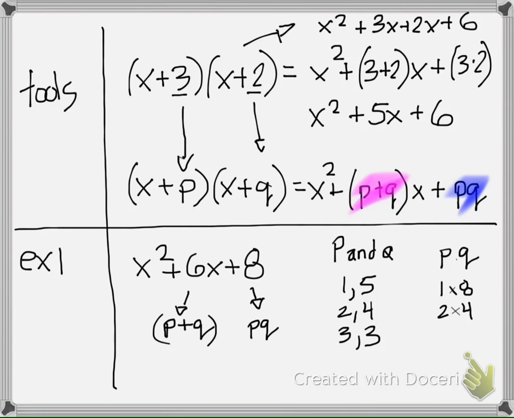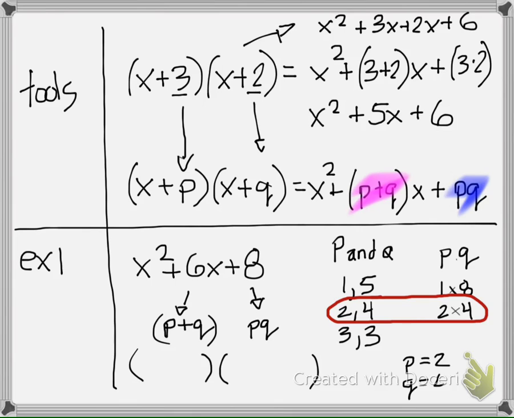Now you need to think, okay, which of these match? I see that 2 and 4 are on both of these. I can add 2 and 4 together to equal 6, and I can multiply 2 and 4 together to equal 8. That means P is 2 and Q is 4.